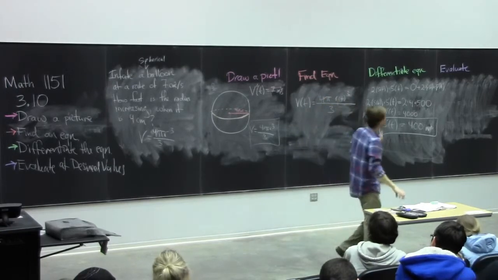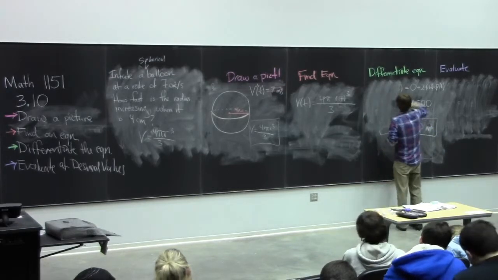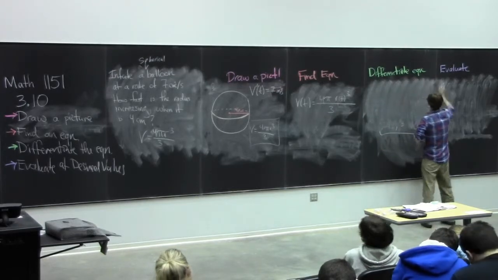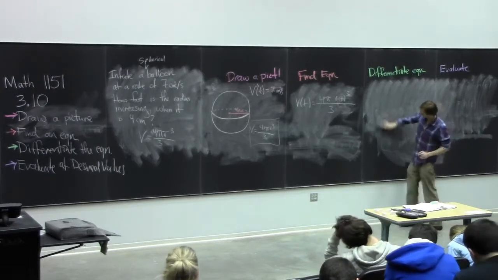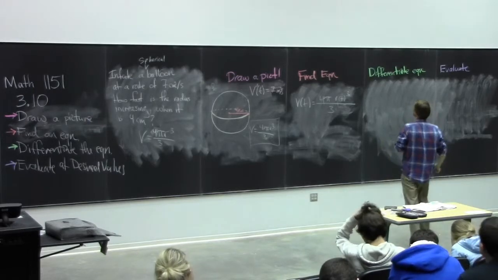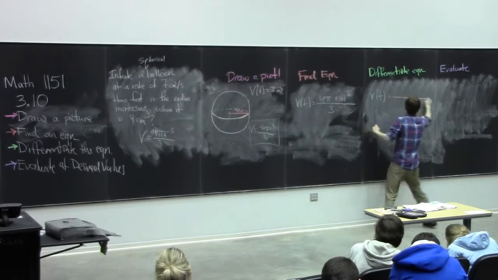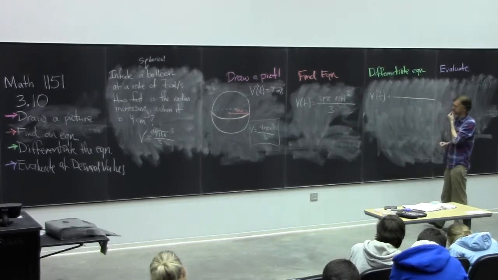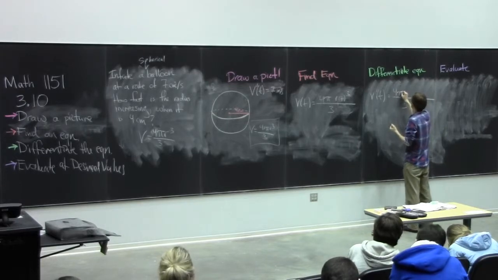Now we need to differentiate the equation. V prime of t is equal to, let's see here. Well, the constants are going to stay out.